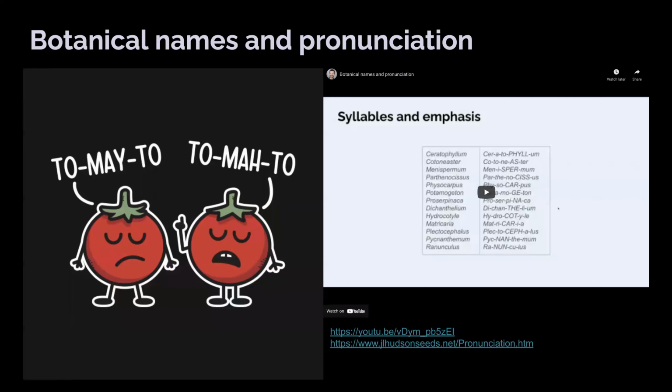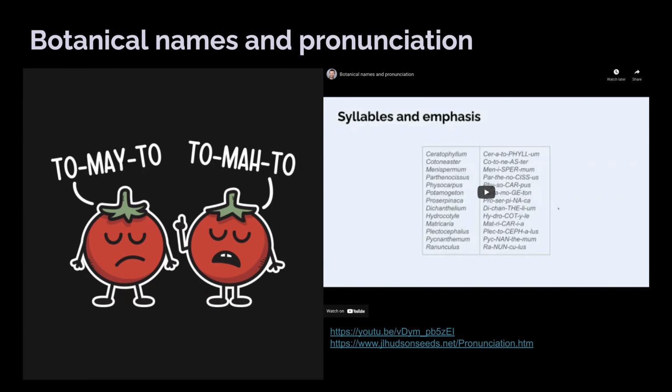So there are some different opinions about how a person should pronounce a scientific name. There are some very strong opinions. Some people feel very strongly that you've got to pronounce certain letters certain ways, certain emphasis on certain syllables. Illustration here, tomato, tomato, right? This is a little bit closer to my take on scientific naming, that these are names that are standardized across the world.